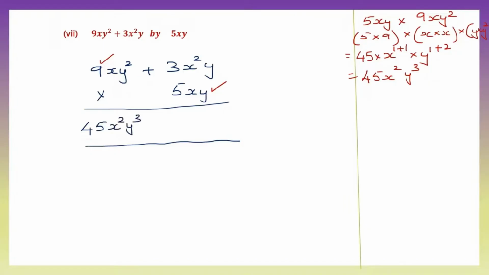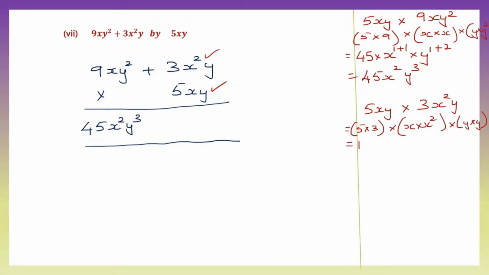Now let's multiply 5xy and 3x square y. These two, 3x square y. So that is 5xy into 3x square y, which is 5 into 3 into x square into y into y.